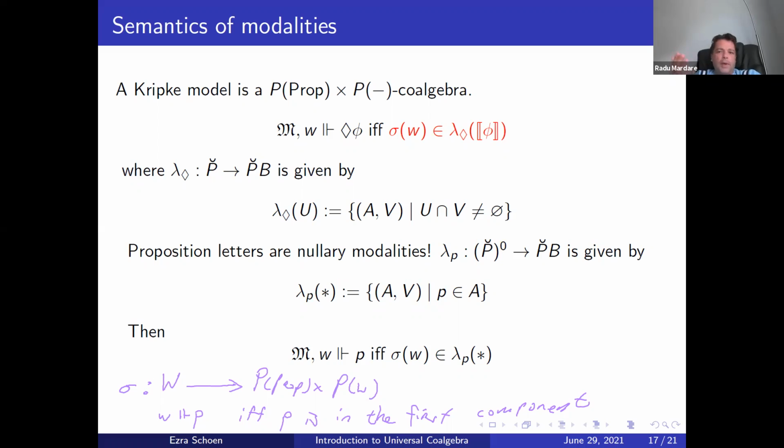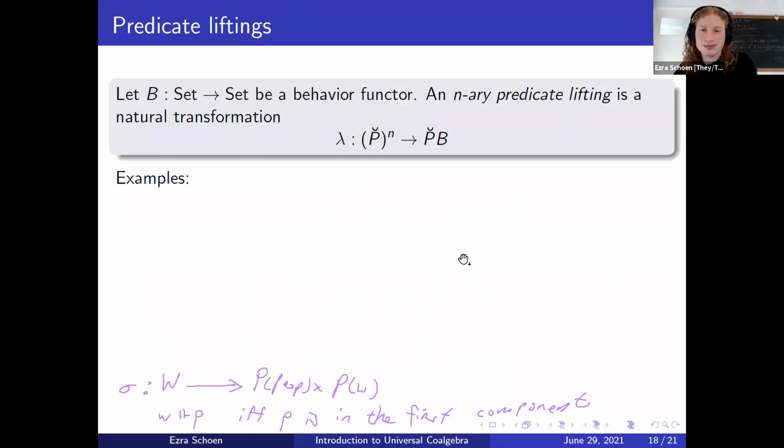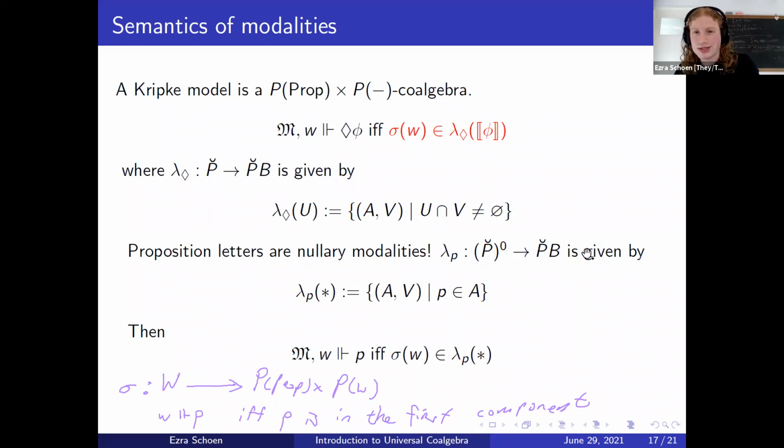In fact, the nabla operator is doing exactly this for a functor like yours, isn't it? Well, I don't want to go into the nabla operator right now, it would take us too long. What matters is that we have nullary modalities. Any natural transformation of this form will give you a nullary modality, and these are like the directly observable behaviors of your system.